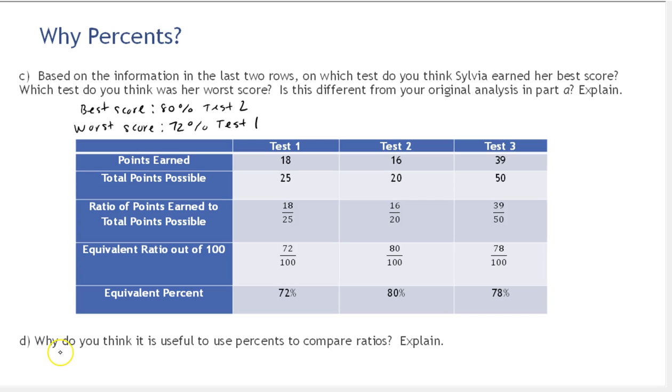And our final question is, why do you think it is useful to use percents to compare ratios? Explain. Well, this example shows us why it's useful. When we're looking at ratios with different denominators, it's hard to get a feel for which ratio is closest to 100 percent in this case. So it's hard to compare, so we can find a common denominator.